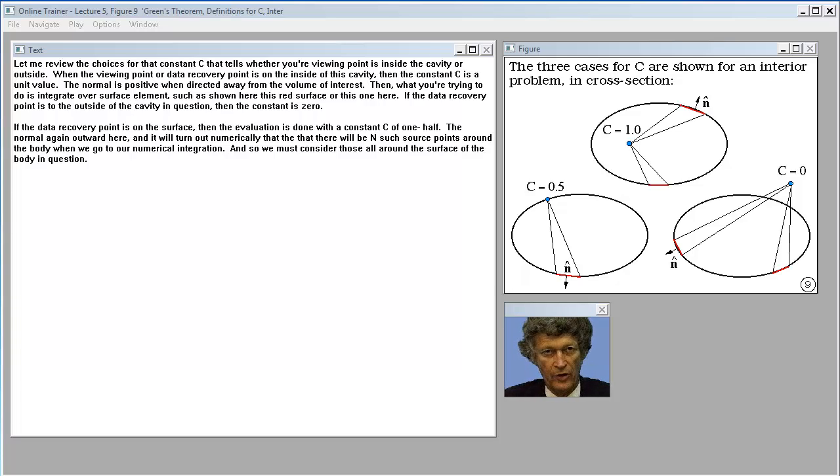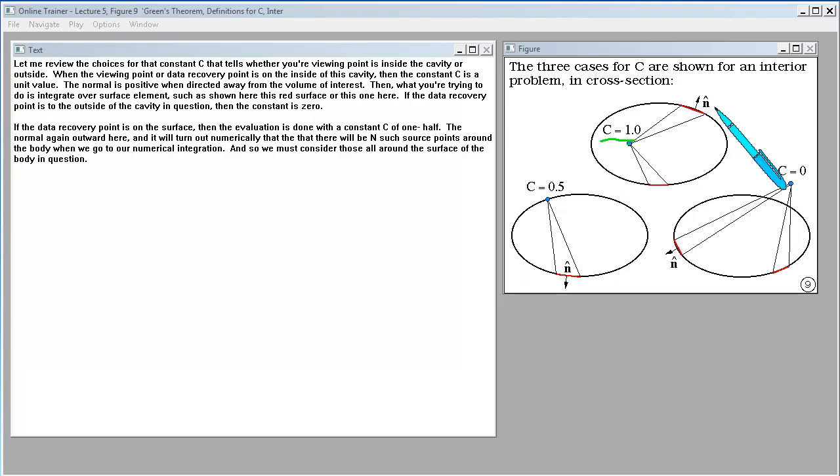Let me review the choices for that constant C that tells whether your viewing point is inside the cavity or outside. When the viewing point or data recovery point is on the inside of this cavity, then the constant C is a unit value. The normal is positive when directed away from the volume of interest.